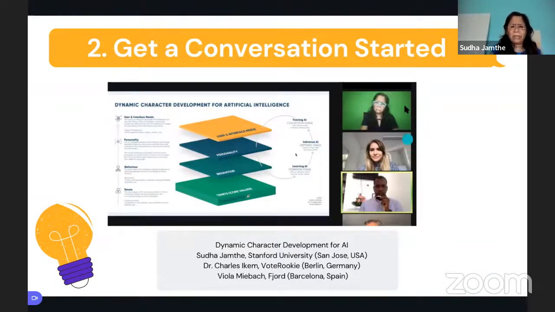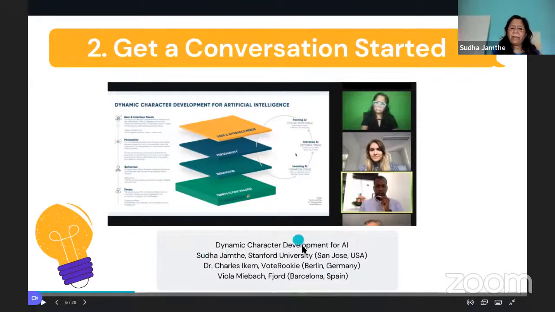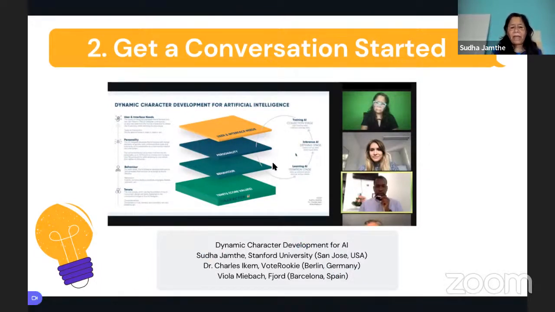And you can see I'm here with my same glasses. This is my student and AIX designer, Viola Maybach, and Dr. Charles Ika. And here is one of our papers, which we ended up presenting at a conference. I have a framework called AIX, which is about designing artificial intelligence.